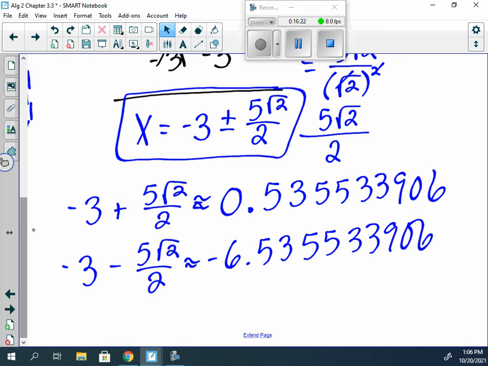Now, with this solution, could we have found this answer by graphing? Is this really, this decimal, a nice number? No. I mean, 0.5, we would have to do a little bit of work, as we saw yesterday with 4.5, I believe, or 1.5 as the solution. We had to manipulate the graph a little bit to find it.